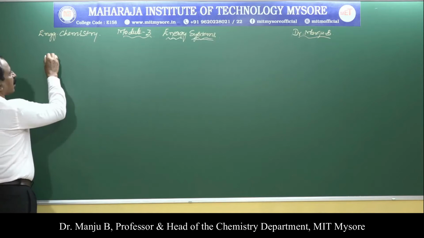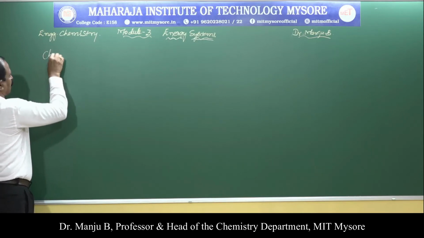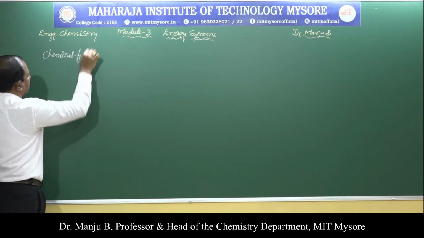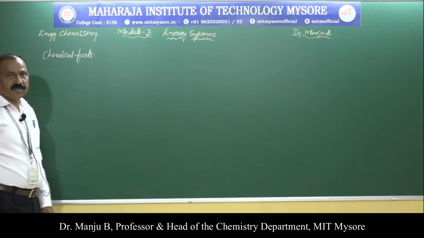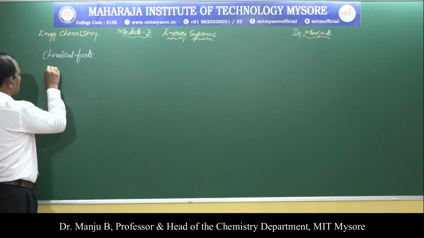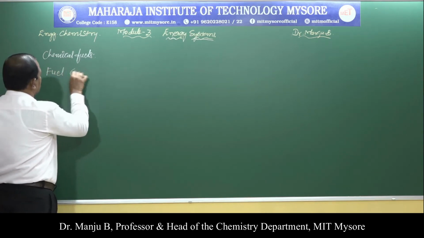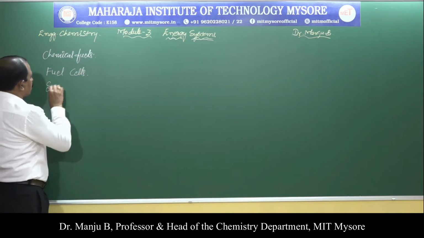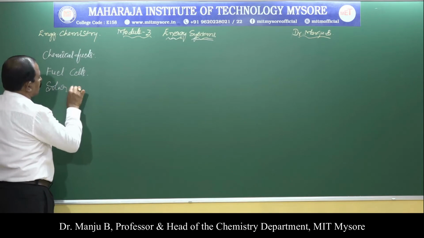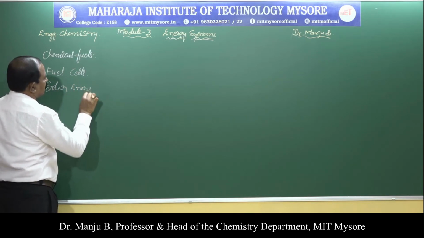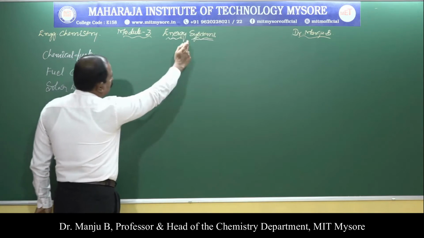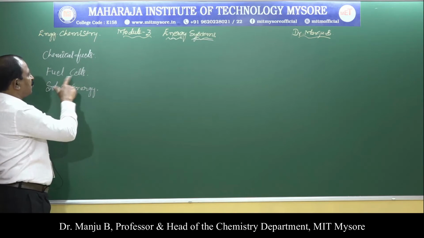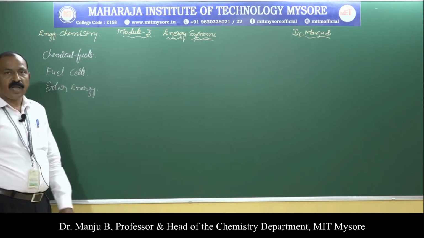One is chemical fuels, which you are going to study in detail. Then fuel cells, and solar energy. Under this module 3 in energy systems, you are going to study in detail chemical fuels, fuel cells and solar energy.